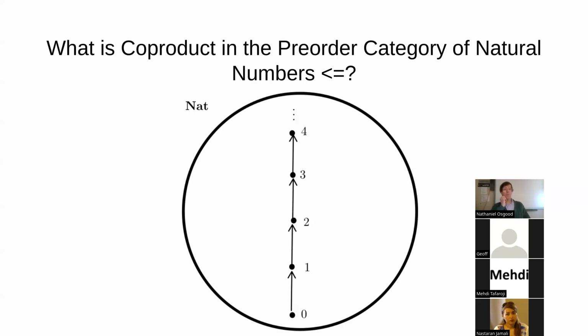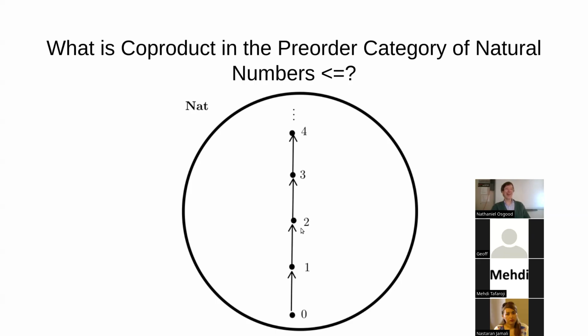Yeah, it was minimum. Greatest lower bound. It was the minimum in numeric terms, right? We're comfortable with that because it was an object such that it had a morphism to each of the two other objects of which it was the product, right? So if it's 1 and 2, 1 has a morphism to 1, the identity morphism, and 1 has a morphism to 2, right? Okay. For coproduct, what would the coproduct be?